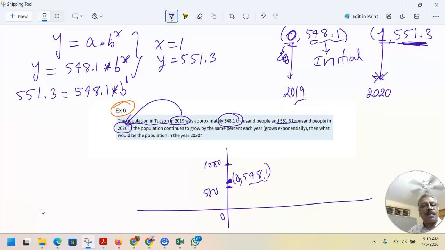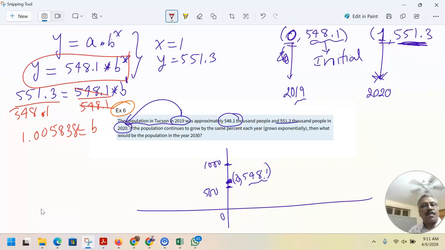X is 1. So now all you do is divide both sides by 548.1, so this crosses out and you get b equals. You do a little math there on the calculator. If you put this on the calculator, you get 1.005838.